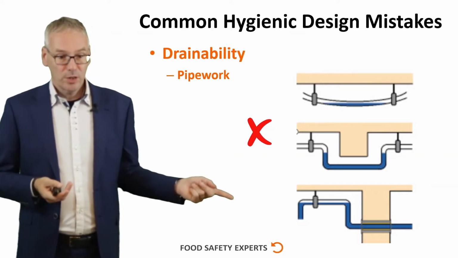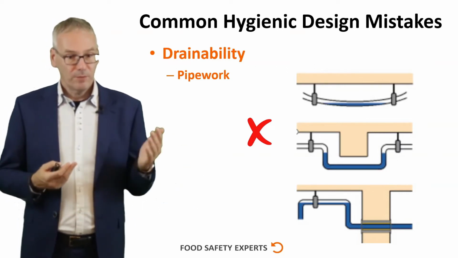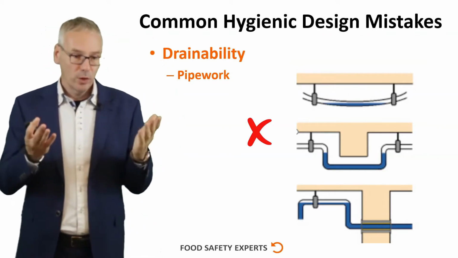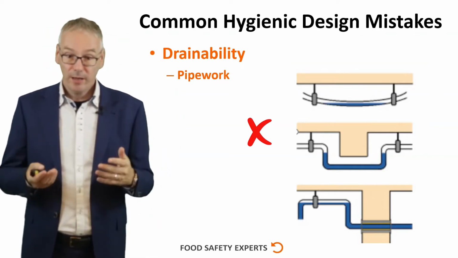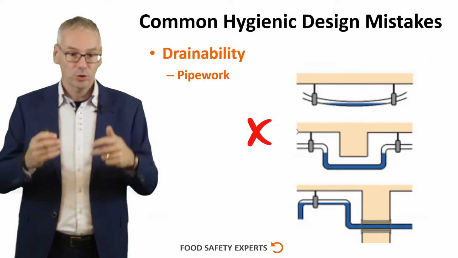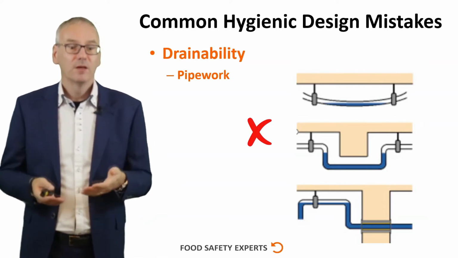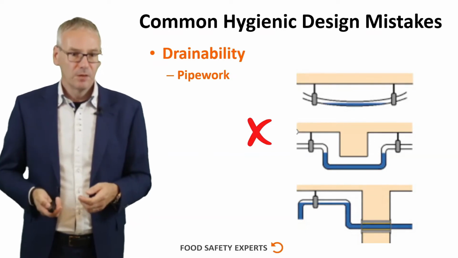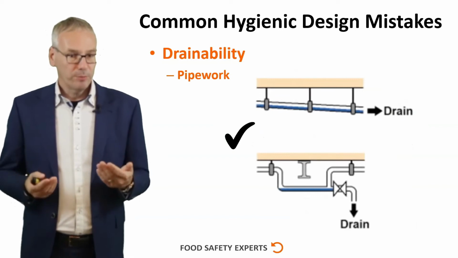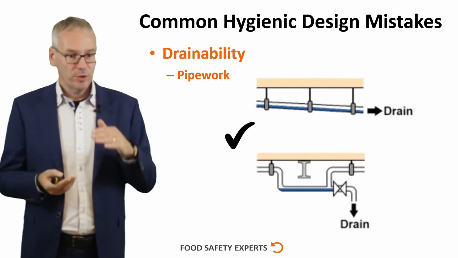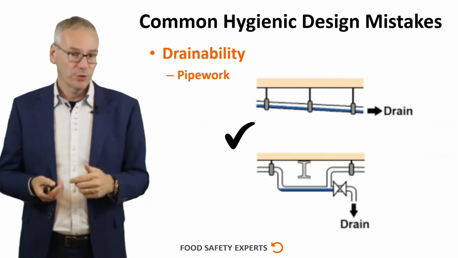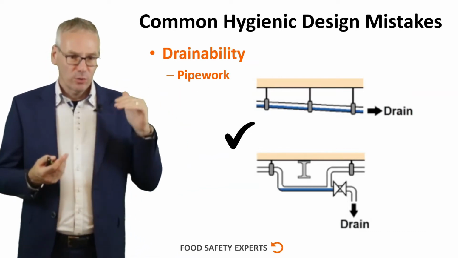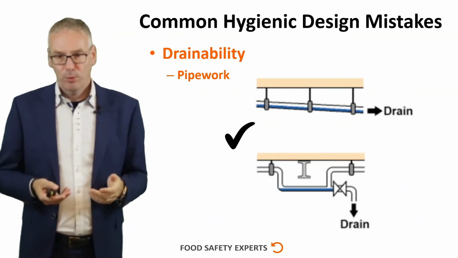And last but not least, at the bottom, if you have a pipework that goes up and down, again you will create pockets where there will be air traps, and then standing water will also occur as a result. So you should always take care of those situations. A good design for your pipework is to have pipework which is sloped at a 3-degree angle, certainly if the distance is longer, so that it always drains to the lowest point.